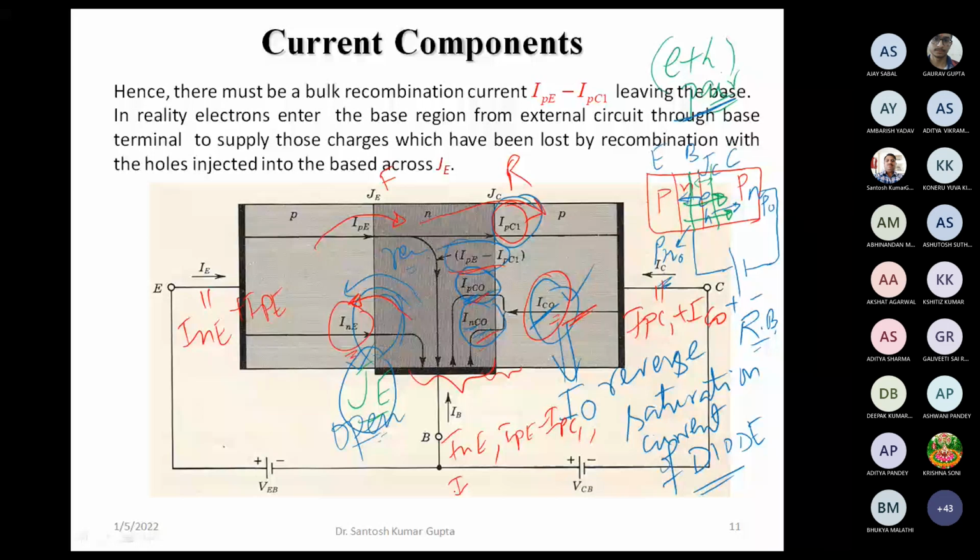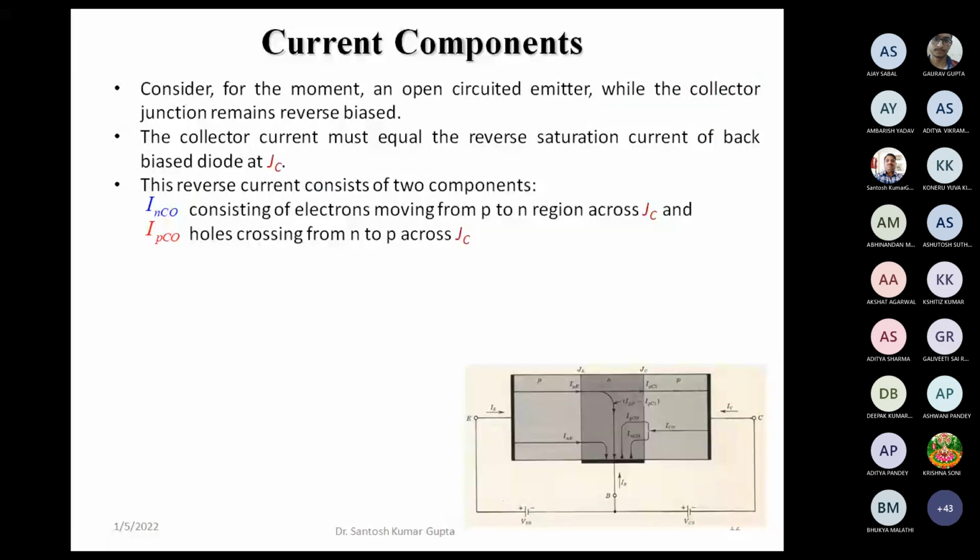So these are four current components. Together, these four current components forming the base current should be very small. So now we try to understand what the current components in a transistor are.